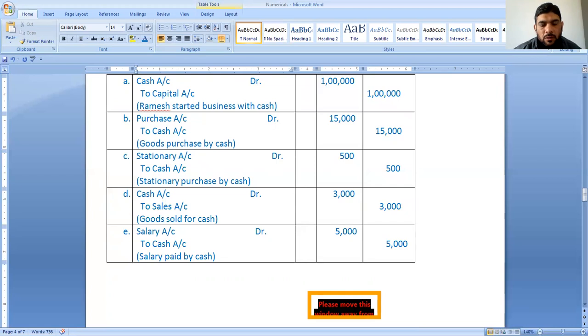If it is by bank or by check, we may write here bank instead of cash.